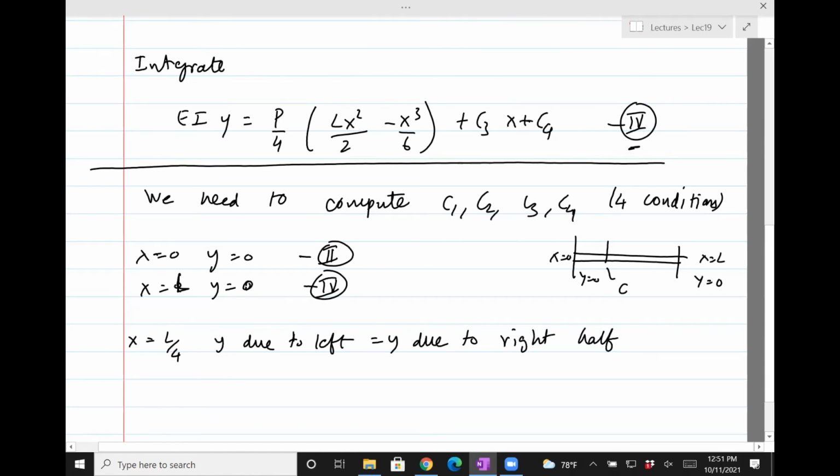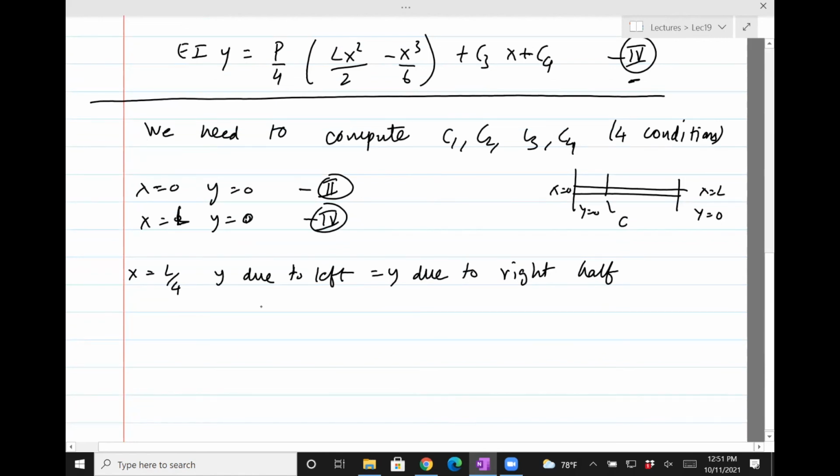So I need to take equation 2 here, make it equal to 4 at x equals L divided by 4. That way there's continuity and those connect. So that gives me one more equation. I need a fourth condition.